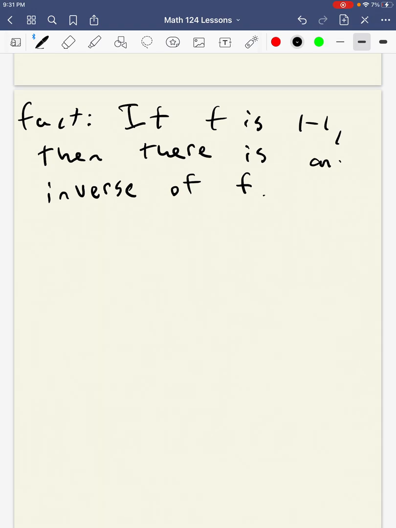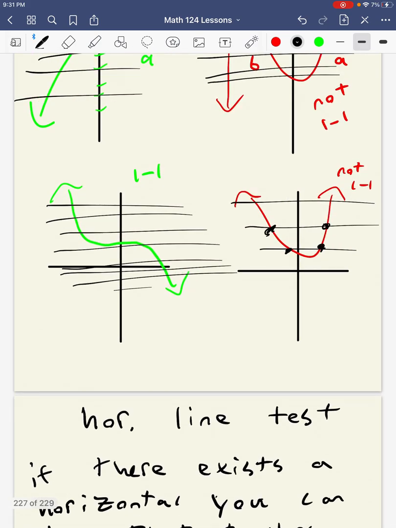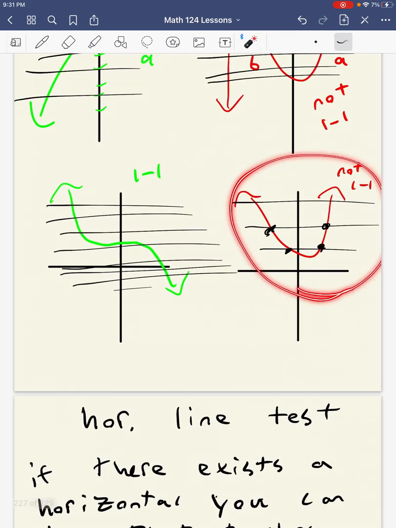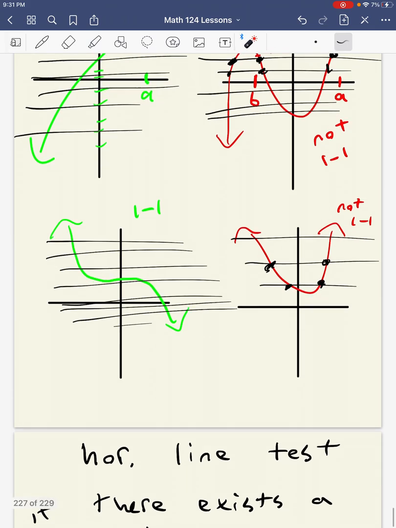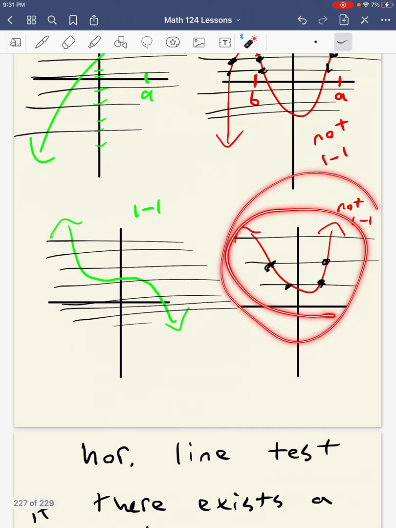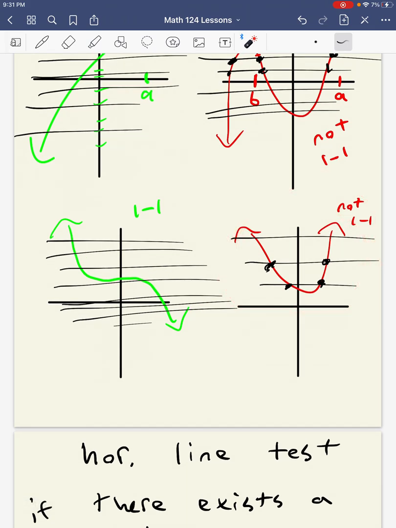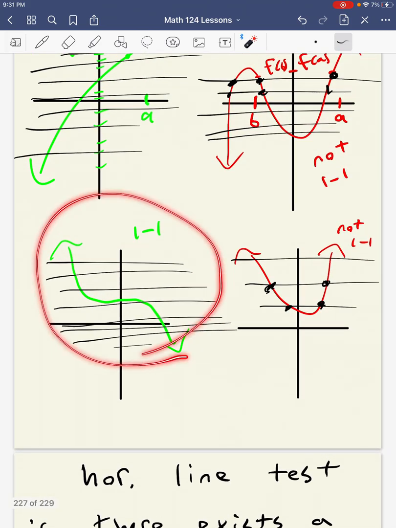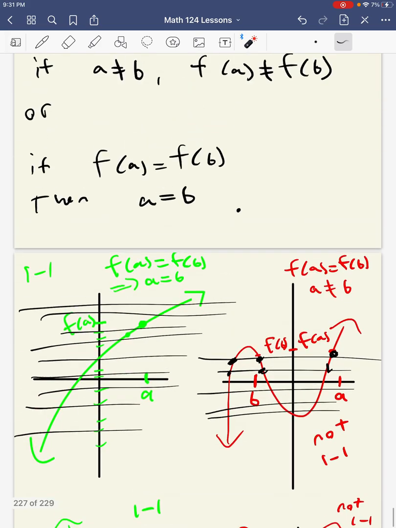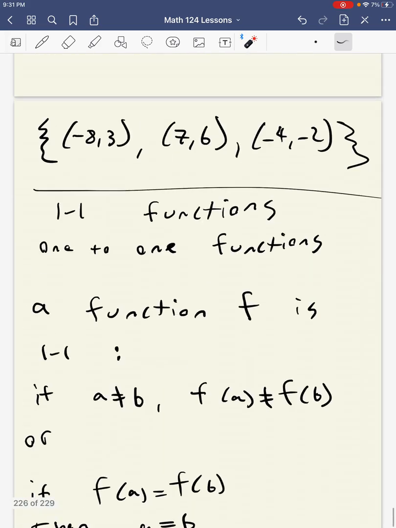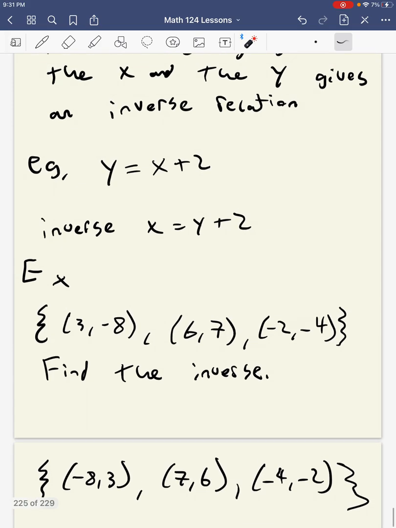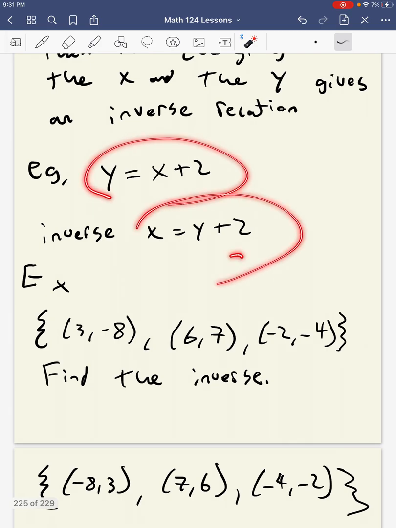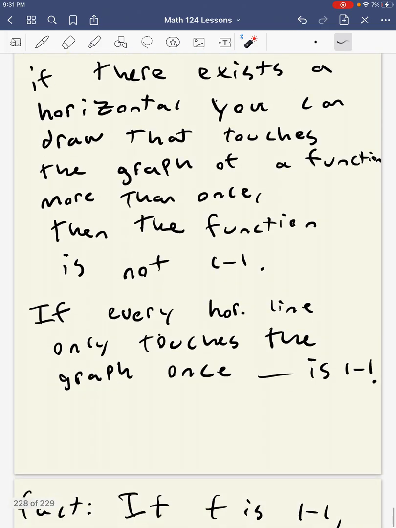Right, so if a function is not 1 to 1, like here, we don't even need to bother swapping the x's and y's and trying to find an inverse, because if a function is not 1 to 1, the inverse will not exist. So we only try to find inverses for 1 to 1 formulas, right? And recall, we just find the inverses by swapping the x's and y's.